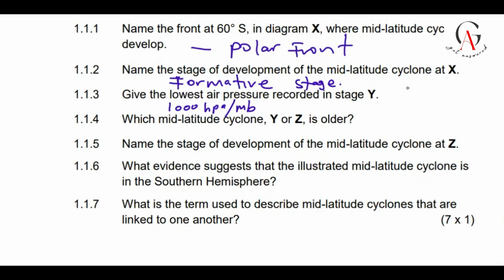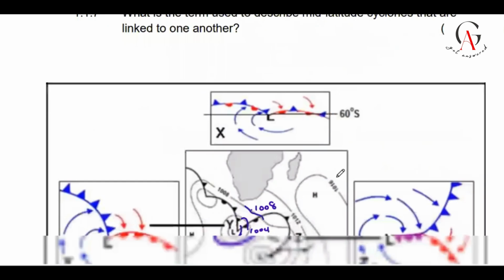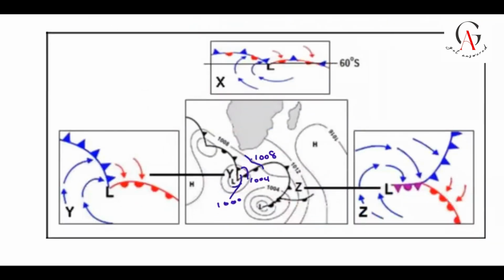Question 1.1.4. Which mid-latitude cyclone, Y or Z, is older? Let's go check. Between Y and Z, this is Y and this is Z here. All right. But don't forget, we also come back to where these diagrams were taken from.